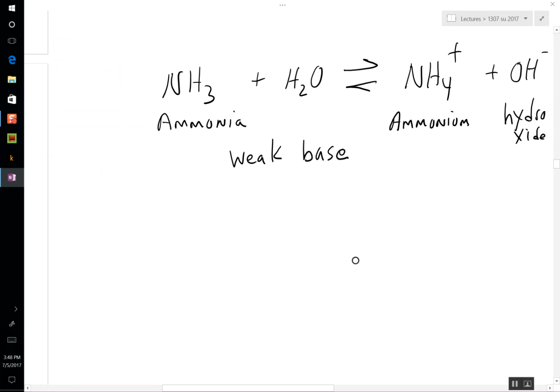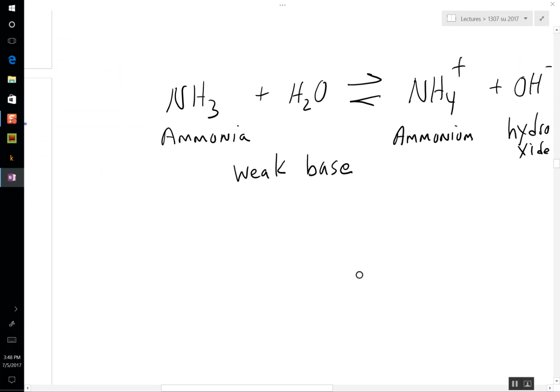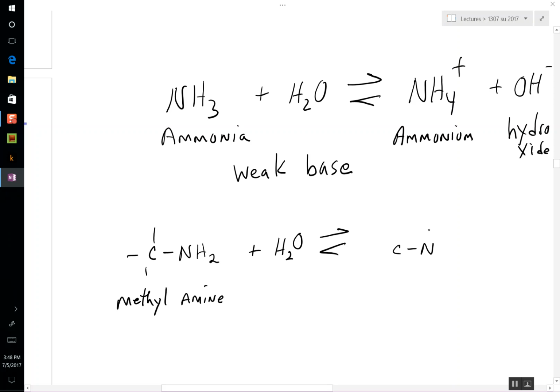There we go. All right, now let's take ammonia and let's make an organic derivative of it, a simple one. So this is methylamine plus water. Same sort of thing happens. We get this, which has a positive charge on it.